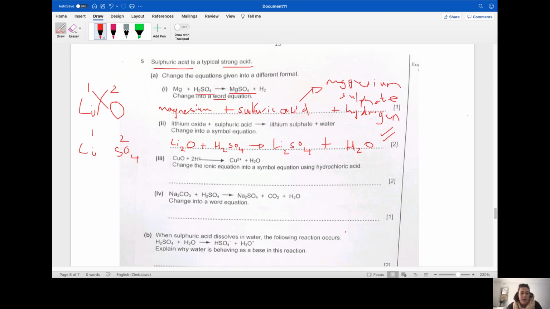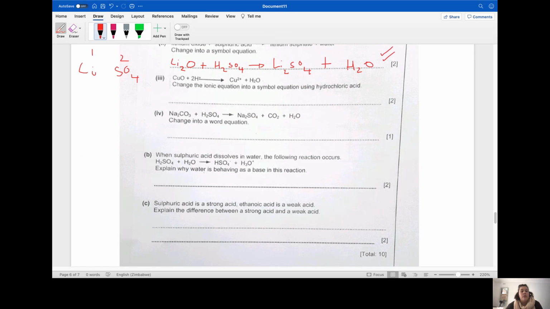Question 3, now we're getting even trickier. Change the ionic equation into a symbol equation, and they told you to use hydrochloric acid. So what you are doing here is looking for the ions and making sure you change the ions. So we've got copper oxide. That stays the same, it's not an ion. The H plus comes from an acid, and they told you to use HCl.